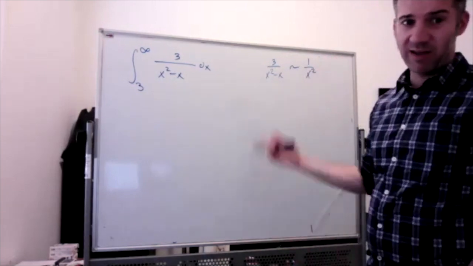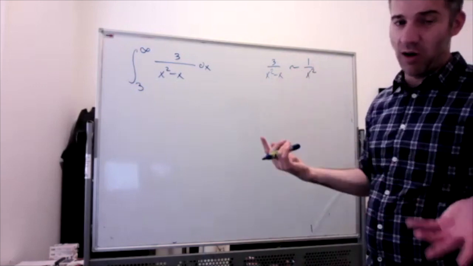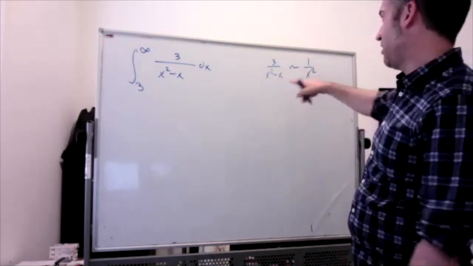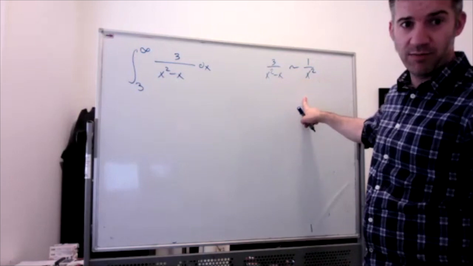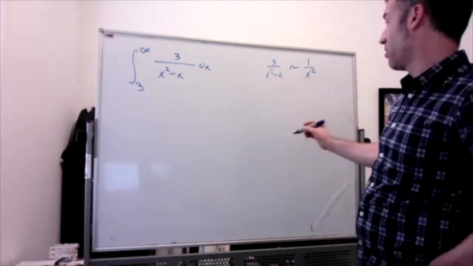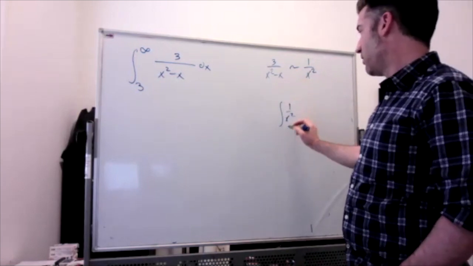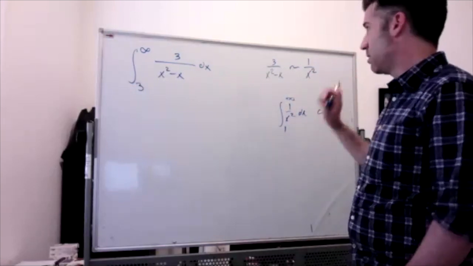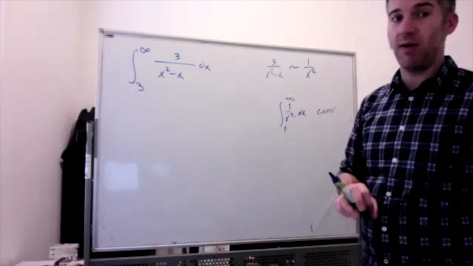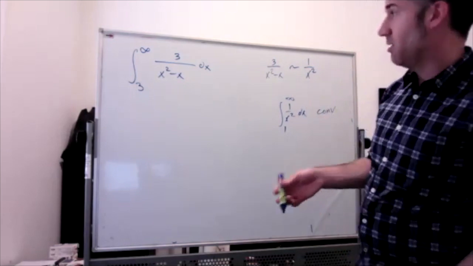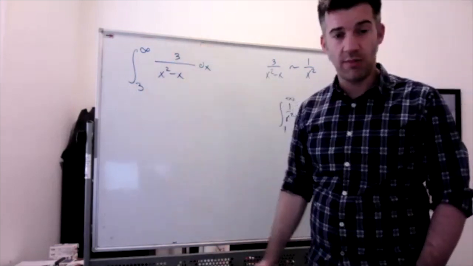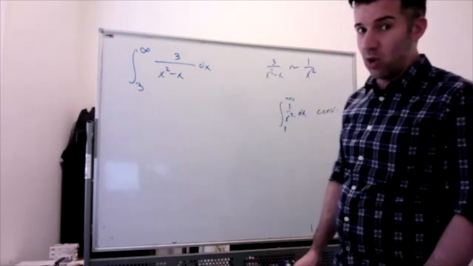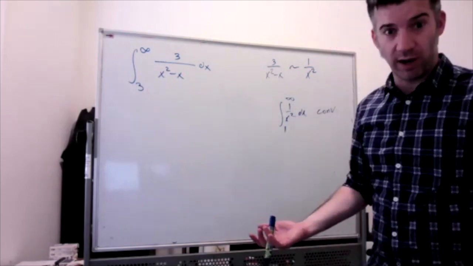The highest power of x in the numerator, I don't have any, so I just got a 3, which is fine. The highest power of x in the bottom is x squared. And I know that the integral of 1 over x squared from 1 to infinity converges. So I am pretty confident, without actually doing anything yet, that this is a convergent improper integral, because it looks enough like 1 over x squared.